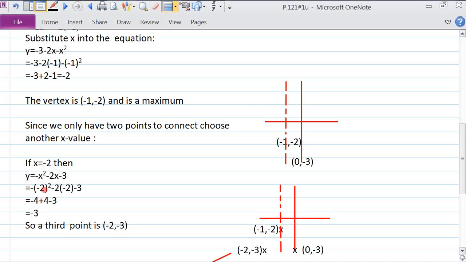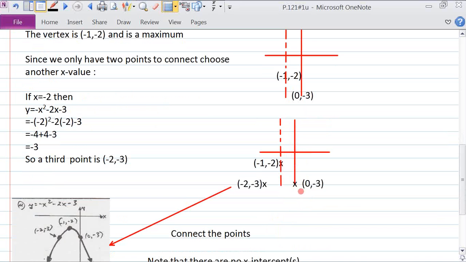This term will be -4. This term will be +4 and cancel the first term, and we'll be left with -3. So our third point is -2, -3. So here is our y-intercept right here. Here is our vertex, and here is a third point that we chose.